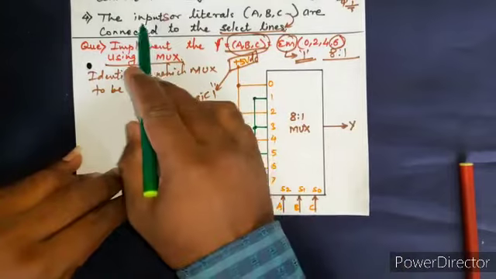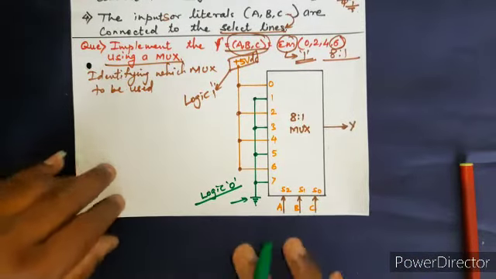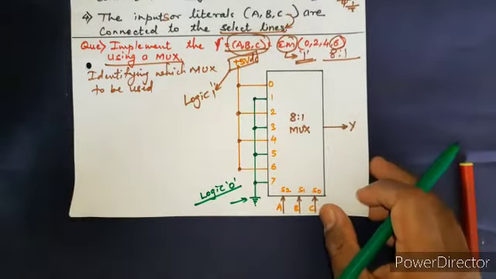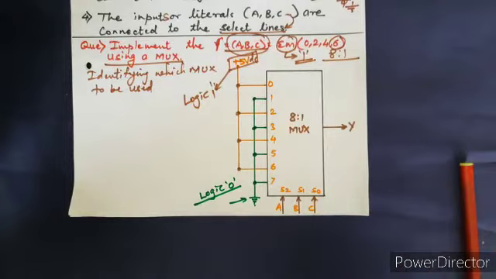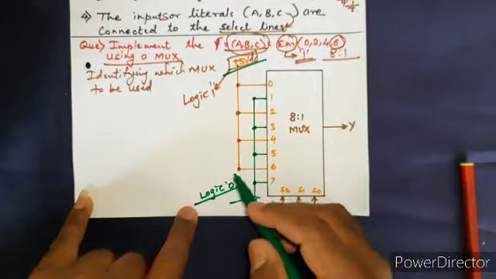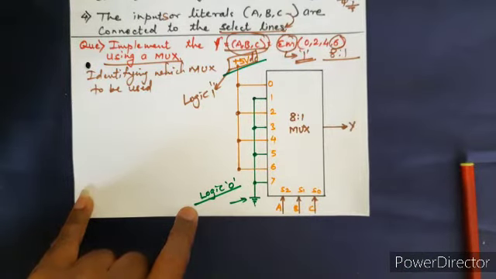And the inputs or literals are connected to select lines. So this is a very simple solution to implement a combinational logic circuit using multiplexer. Simply you have to connect to plus 5 volt logic 1 or 0 volt logic 0. That's it.